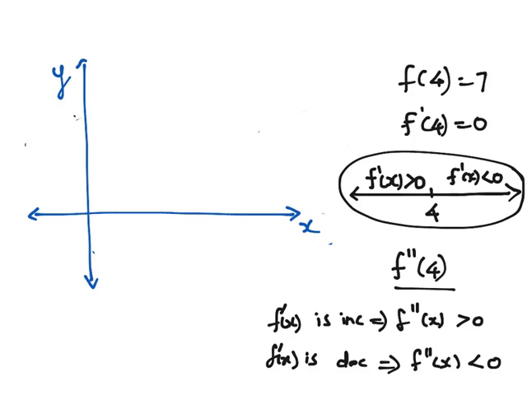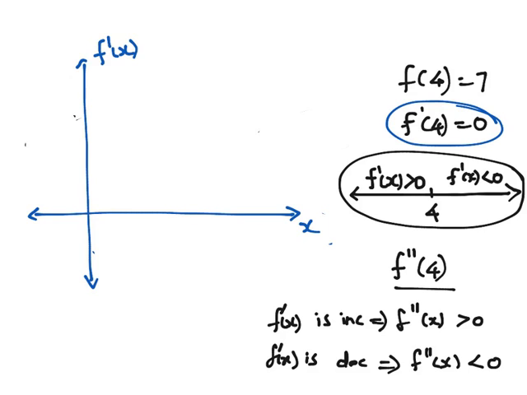Sorry, this is in fact dy by dx, because I'm going to draw the graph of f dash of x. So this is going to be f dash of x.